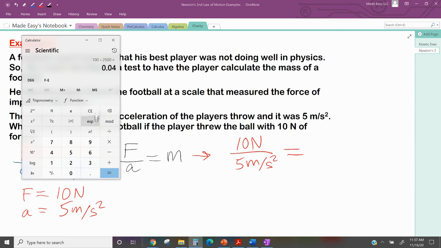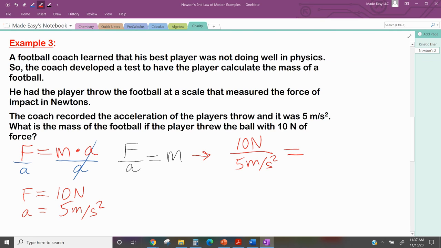Okay, so we have 10 divided by 5. All right, and that would give us a 2 kilogram football. I looked up how much a football weighed before I did this. That is not how much a football weighs, okay?